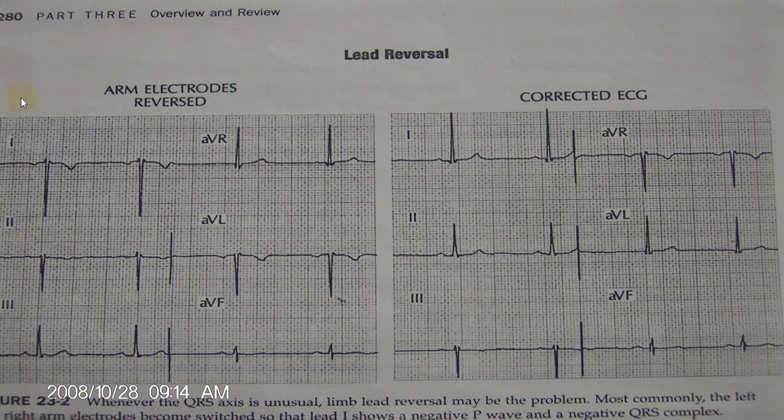So if the arm leads are reversed, in lead 1 and AVL you will get inverted complexes, and in AVR you will get an upright QRS complex. And when you correct it, you can see lead 1 and AVL are upright, and in AVR all complexes are inverted. So this is limb reversal, or sometimes we use the word technical dextrocardia.